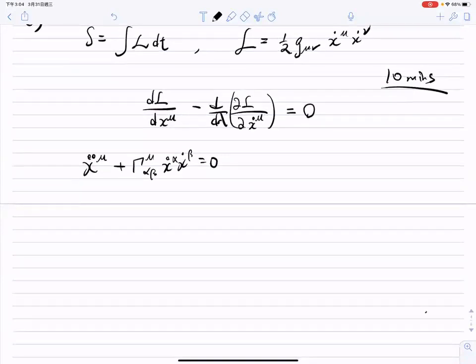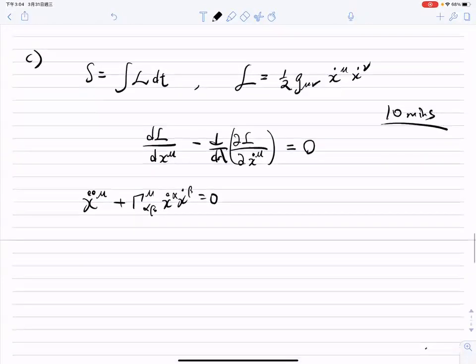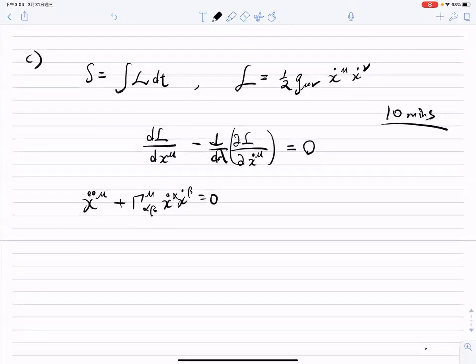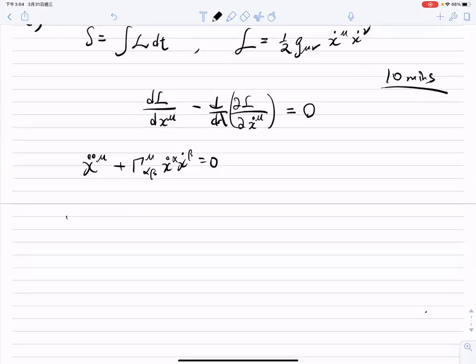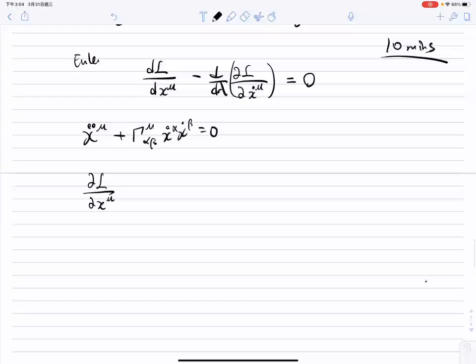So, what is the method? Let's write down the Lagrangian, equal to 1 over 2 times g mu nu x dot mu times x dot nu. And then we plug in. We first calculate the Euler-Lagrange equation, which you have already learned in year 3 classical mechanics.